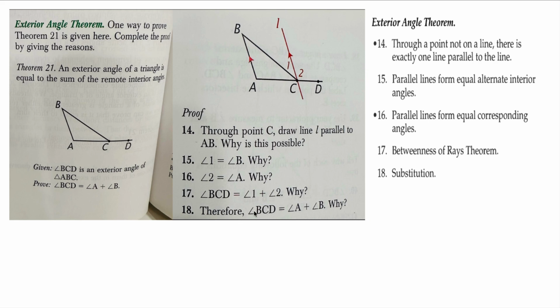And then therefore, angle BCD equals A plus B. Why? Substitution. We know A equals 2 and B equals 1. And right here before we said angle 1 plus 2 equals angle BCD.